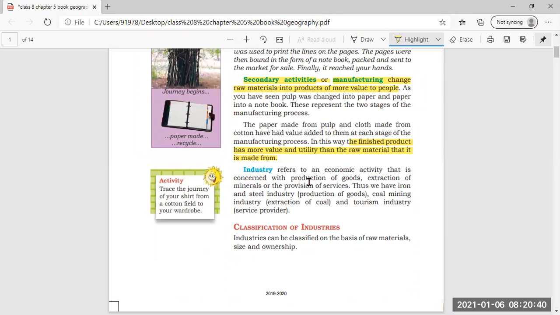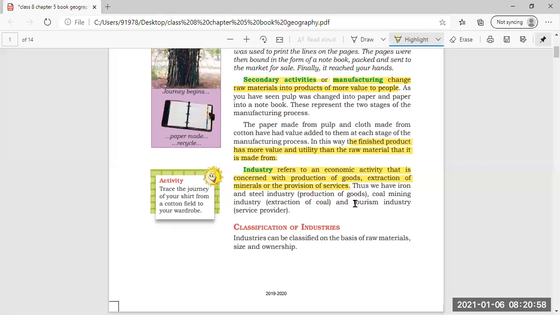Now, industry refers to an economic activity. Just now I explained that industry refers to an economic activity that is concerned with production of goods, extraction of minerals, and provision of services. So, what is industry?